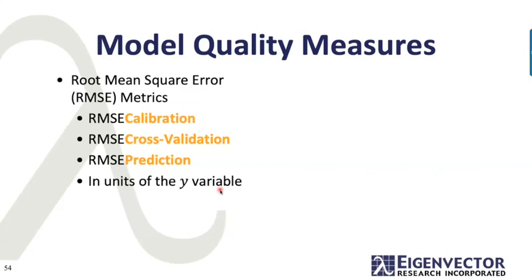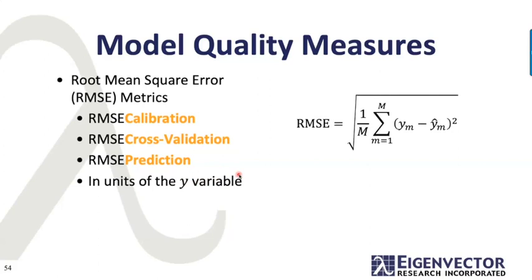The nice thing about those is that those quality measures are in units of the y variable. So if your y variable is in our case, milligrams per milliliter, these error measures are also in milligrams per milliliter. They're in the same units of that, and that makes them interpretable.